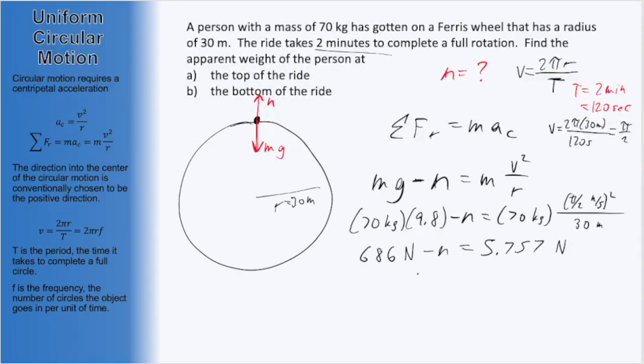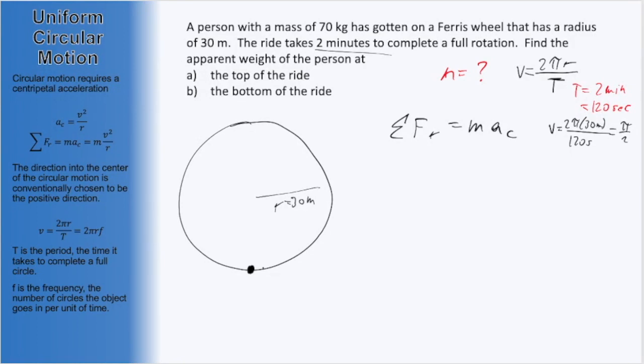Moving things around, we get the normal force should equal 686 minus that 5.757, which will give us about 680.243 newtons. So this normal force is the apparent weight they are looking for.